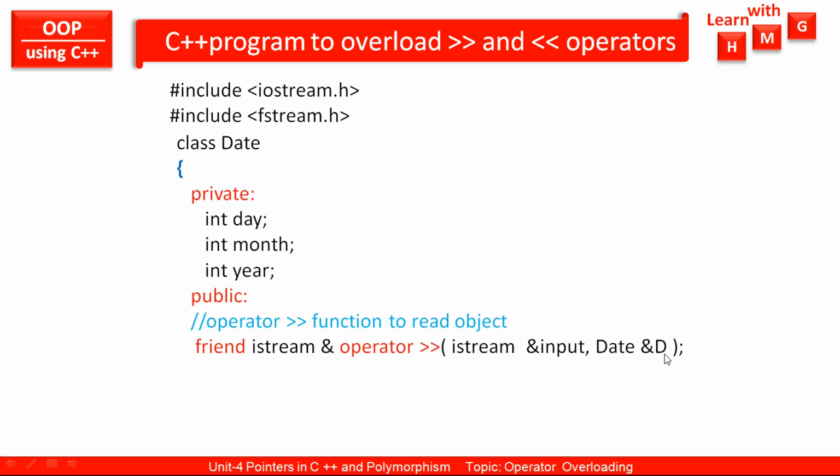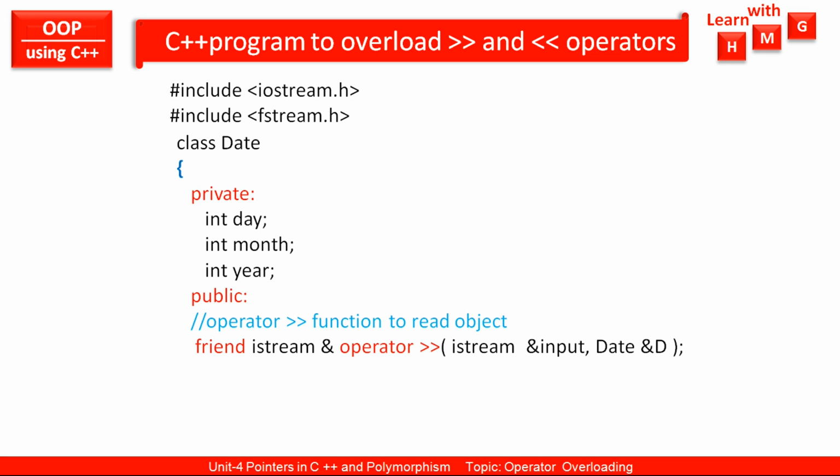One is our user defined object, D, the date class type of object, and input is the input stream type of object. So here the input object represents cin, because generally for performing input operation in C++ we use cin, and you know that cin is nothing but an input stream object. Now that cin input stream object we are going to replace with this input.